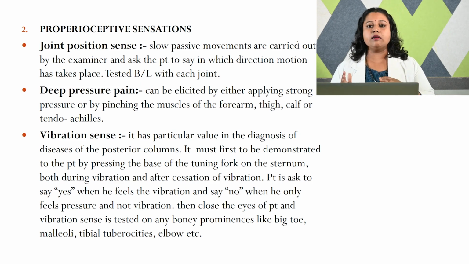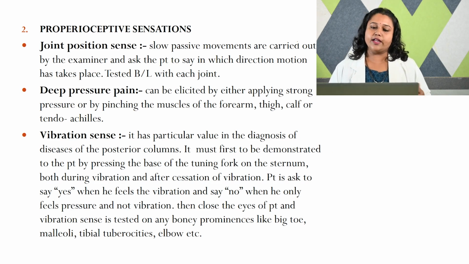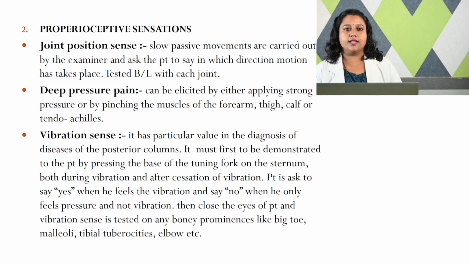The similar movement has to be performed on the other limb, so we test it bilaterally: first right hand and left hand, then left hand and right leg. The patient has to say the movement, or perform the similar movement on the other side. These are the two methods.